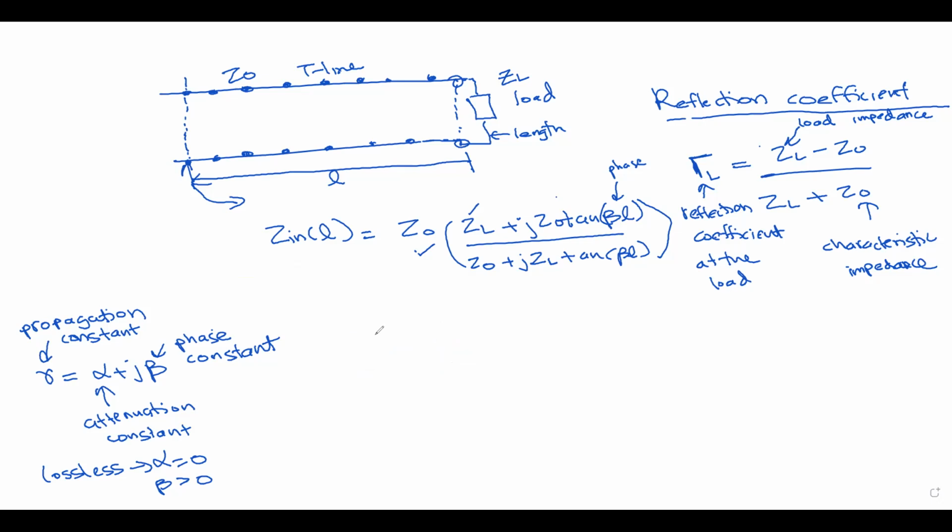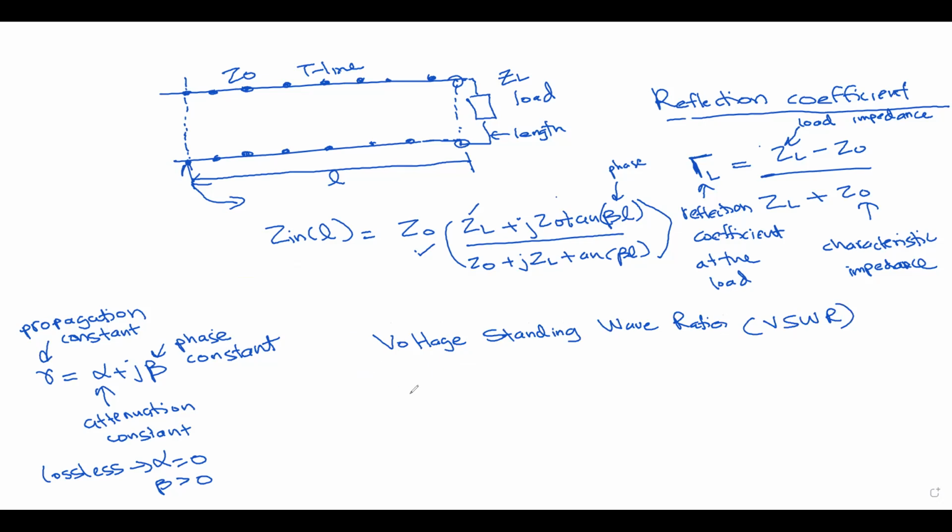Okay, so then I'm going to describe another parameter that is used to define the transmission lines, which is known as the voltage standing wave ratio. We denote it using VSWR.